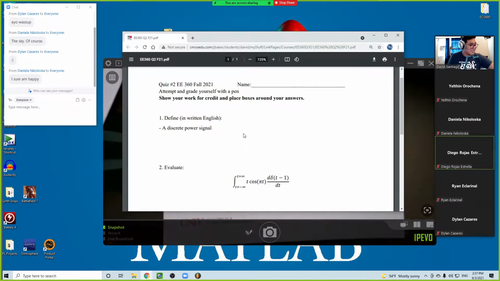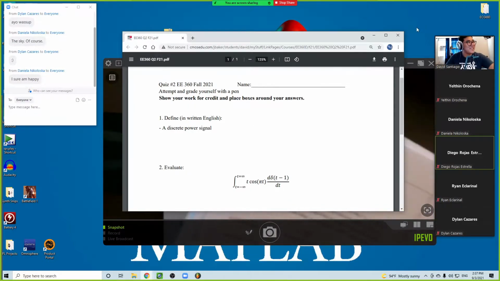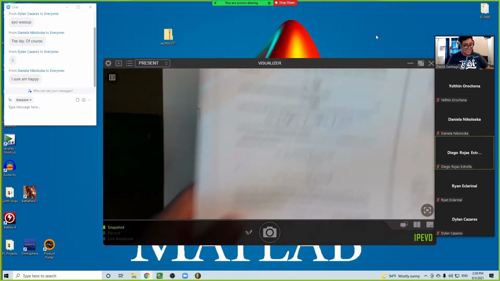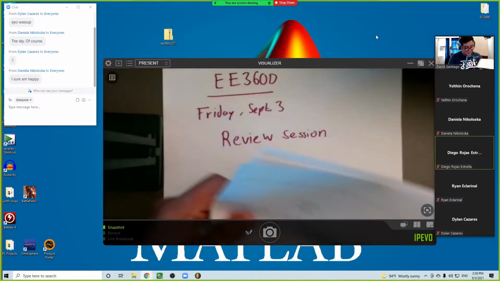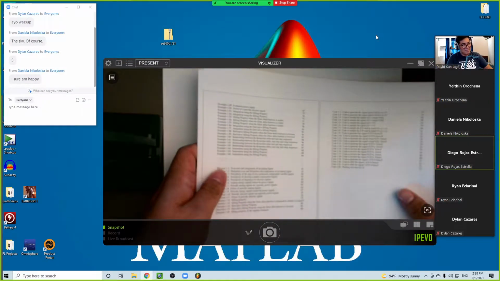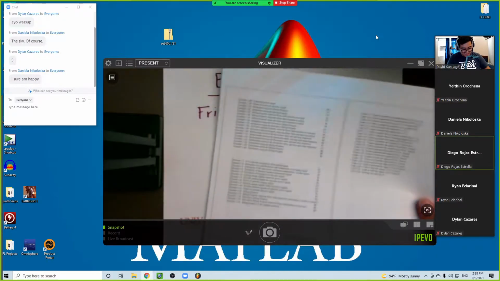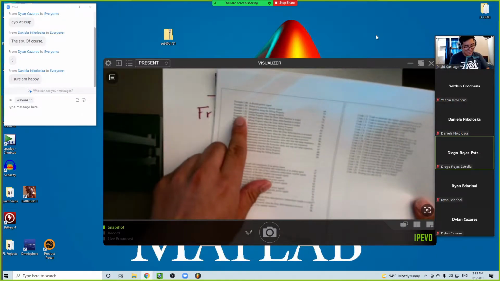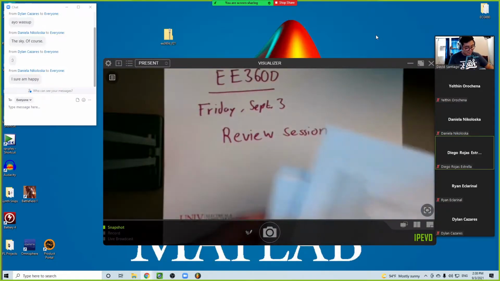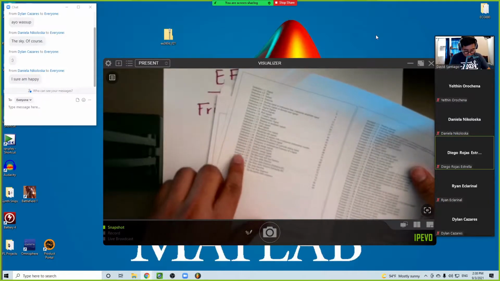So let me pull out my handy dandy notes. So if you wanted to know what a discrete power signal is, and I recommend everyone do this on your own notes, on the back of these packets you can see examples and code and theorems. But what I'm gonna get to you right now is definitions.